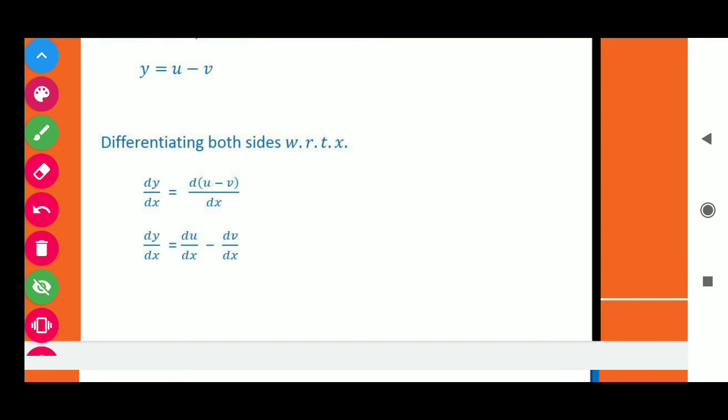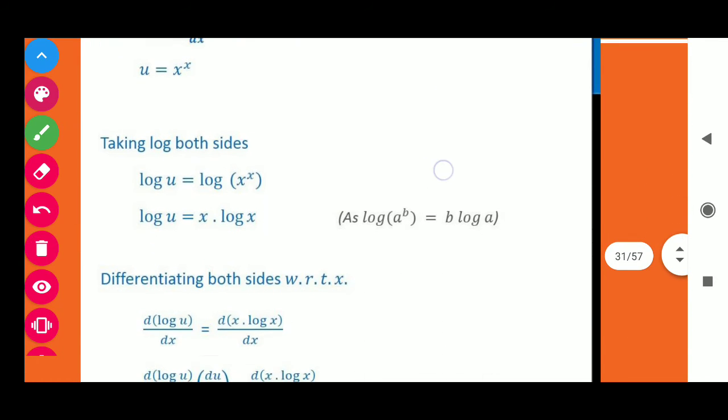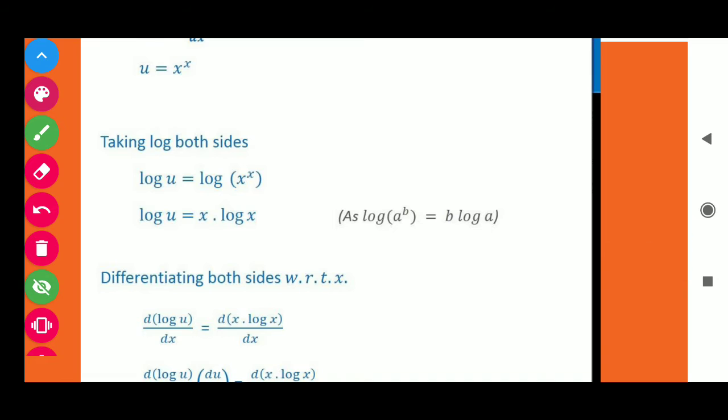Differentiate both sides with respect to x. We will write dy over dx is equal to du over dx minus dv by dx. So calculating first du by dx, here taking log on both sides, log u is equal to log x raised to power x, and by this property we take this x power in the front of log x.